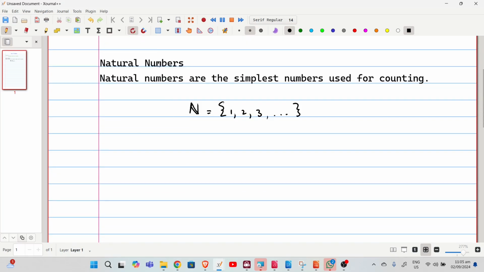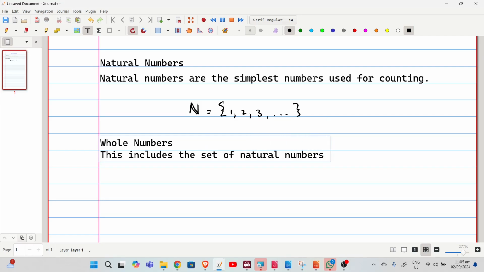Next set of numbers that we will have is the set of whole numbers. This includes the set of natural numbers and the number 0.